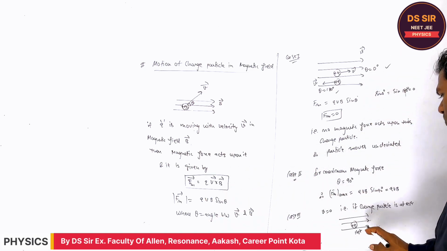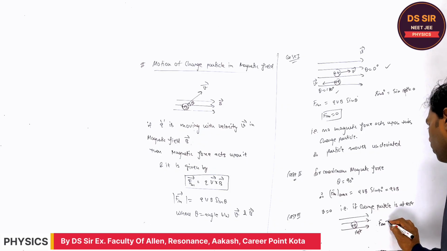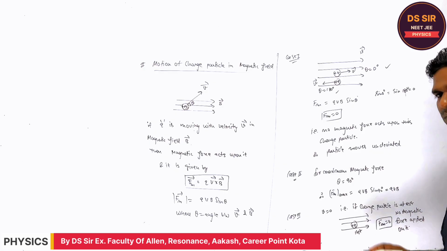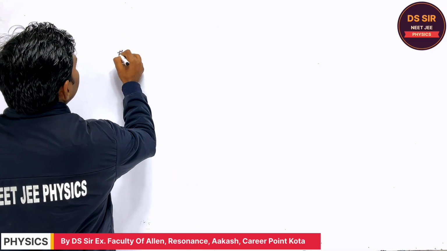What will be the magnetic force? Say 0. It means if the charged particle is at rest, no magnetic force is applied upon it. Copy this. So now let's see the motion of charged particle.